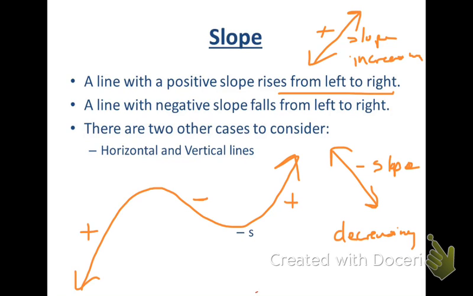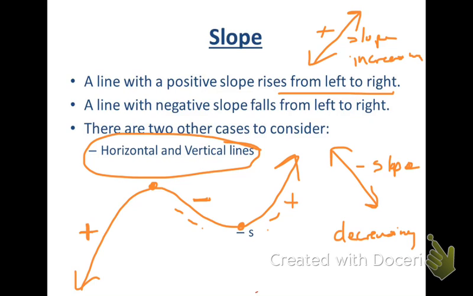Guess what it does between when it's increasing and decreasing? It has a slope right here that is 0. You can't go from positive to negative without passing through 0. And you can't go from negative to positive without passing through 0. Okay? And this has something very, very much to do with horizontal and vertical lines.